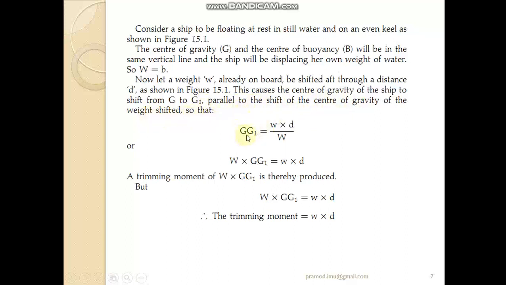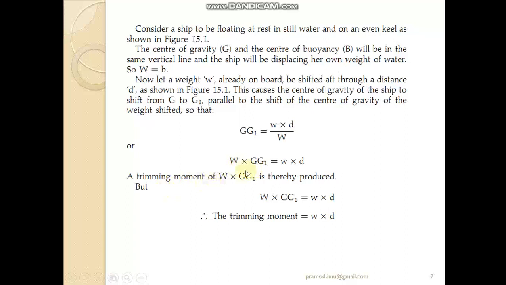With respect to the video on shifting of center of gravity, we can recall the formula GG1 is w into d by W, so W into GG1 is small w into d, where capital W is the displacement of the vessel, GG1 is the distance moved by the center of gravity, small w is the mass which has been moved, and small d is the distance moved by the small mass on board the vessel.